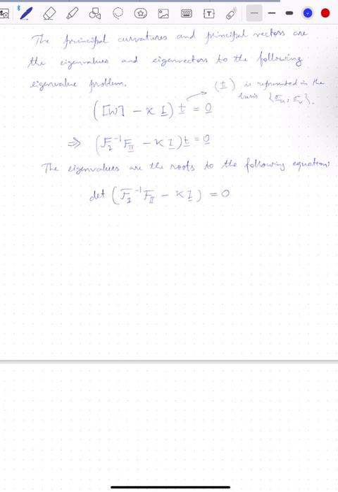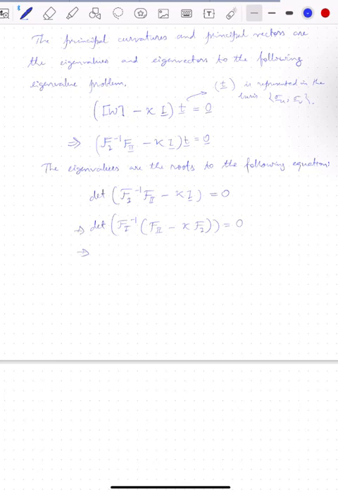This is equal to 0. And then we can also use that special property of the determinant. So F1 inverse we factor out, and then we have F2 minus kappa. For this to happen, it has to be multiplied by F1, right? Because F1 inverse into F1 gives us the identity matrix, equal to 0.